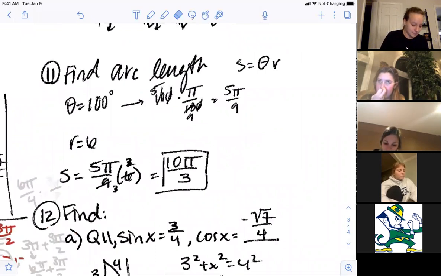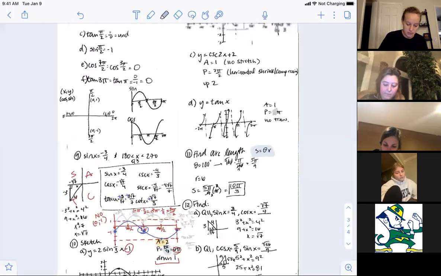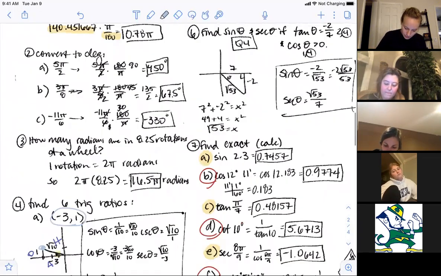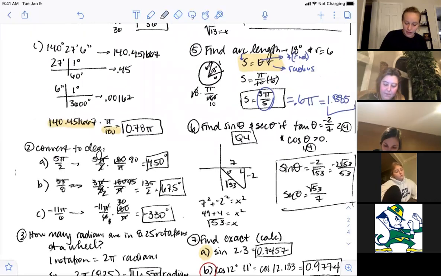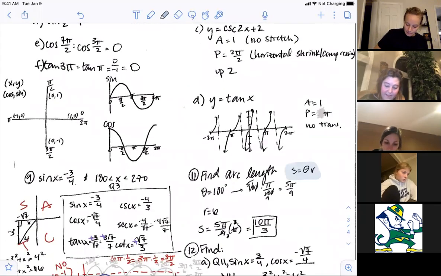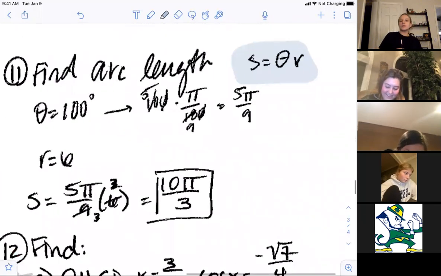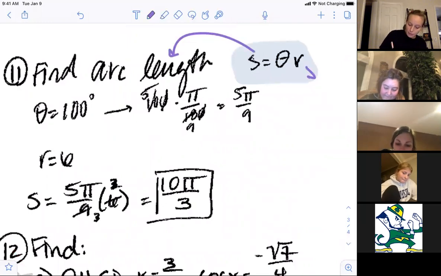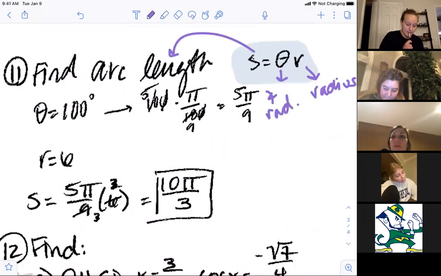So take some comfort in that. Okay, number 11 says find the arc length. This is the formula that we did back on number 5. This is a lot like number 5. So arc length is S equals theta r. S is my arc length. R is my radius. And theta is my angle in terms of radians.